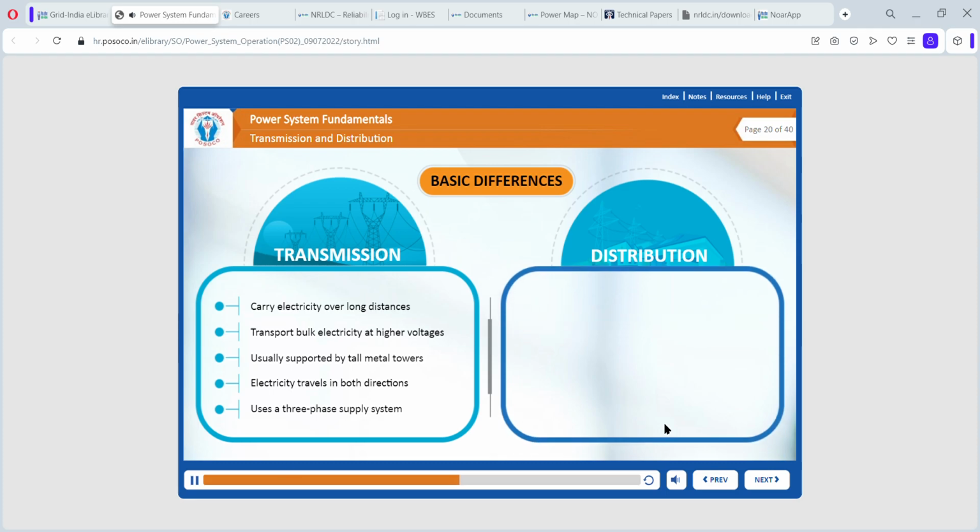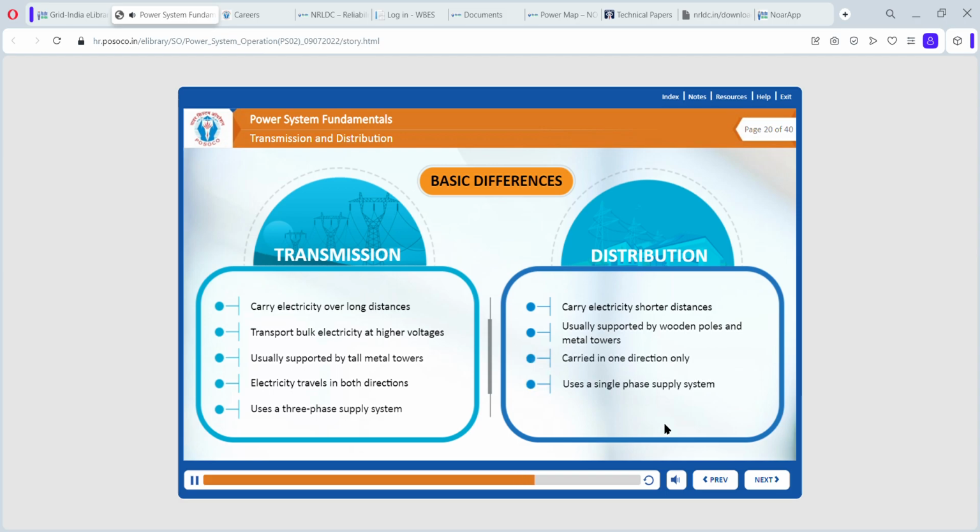Distribution. Carry electricity over shorter distances, that is, to neighborhoods and communities. Usually supported by wooden poles, at a lower height than the metal towers used for transmission lines. Electricity is carried in one direction only. Uses a single-phase supply system.